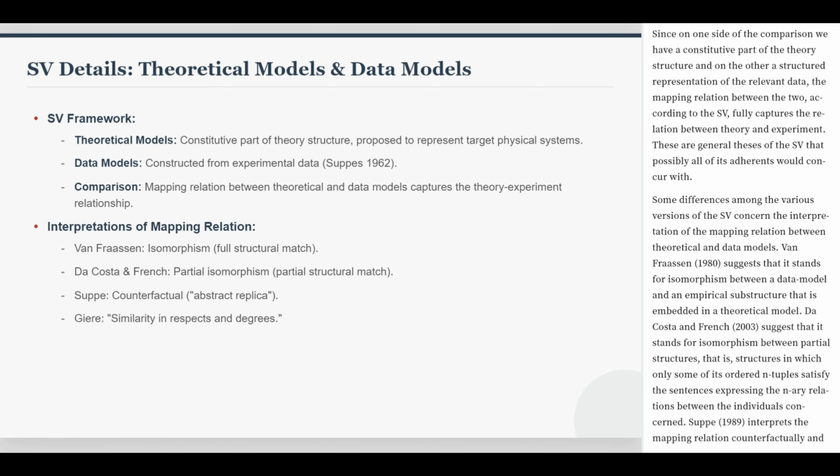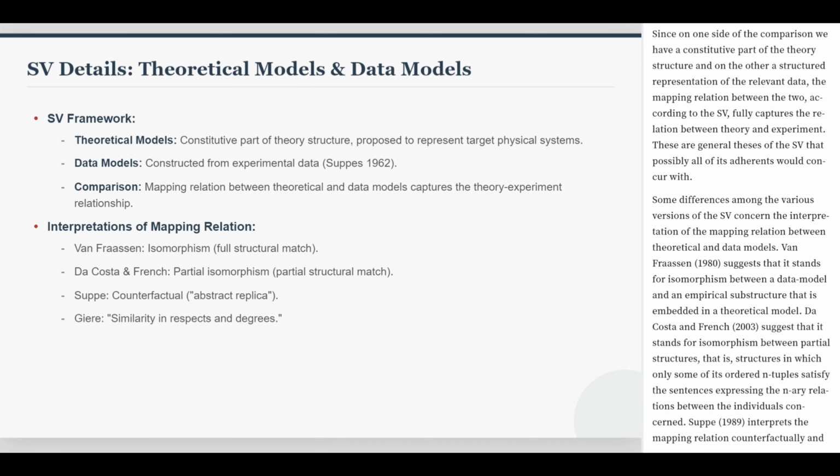The core idea of SV is then to compare these two, the theoretical model derived from the theory, and the data model built from observations. Since both are mathematical structures, the comparison involves mapping the elements and relationships of one onto the other. This mapping, according to SV, is supposed to capture the entire relationship between theory and experiment.